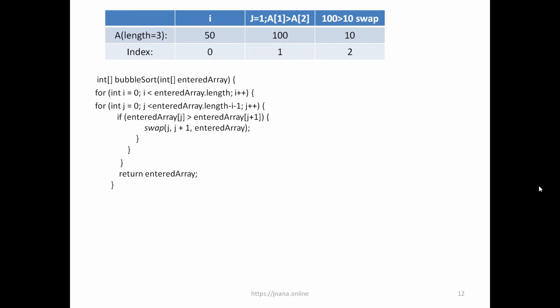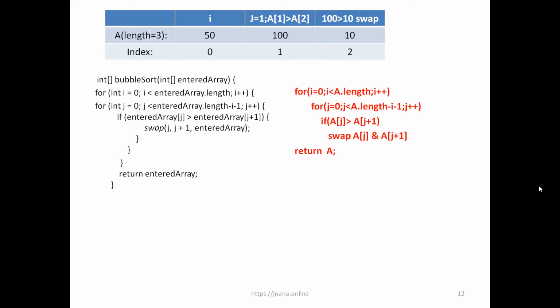A of 1 is 100, a of 2 is 10. So 100 is greater than 10. Yes, we do a swap. That is what we have seen in the PPT. 100 first compares with 50 and we swap, then 100 is compared with 10 and we swap again. So what we are doing is pushing the largest element to the end of the array.